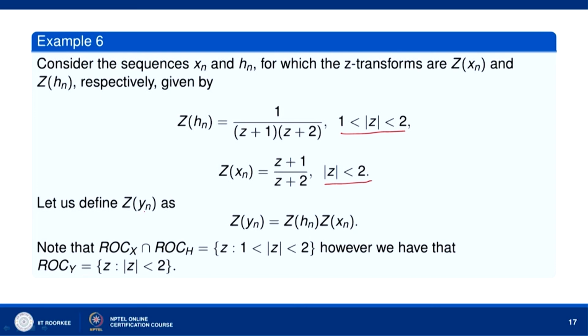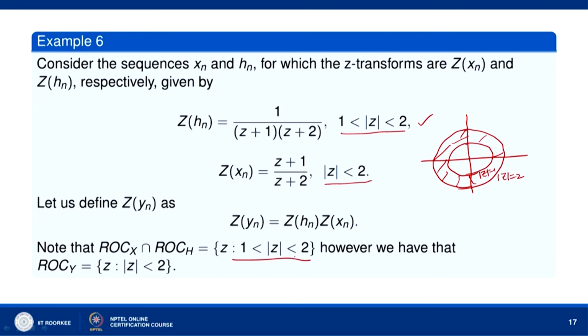Let us define y[n] such that Zy equals Zh into Zx. Now, ROC X intersection ROC H: here this is mod z equal to 1, this is mod z equal to 2, so we have an annular region, and here we have mod z less than 2, that means the complete disk. When you take the intersection, we get the annular region.